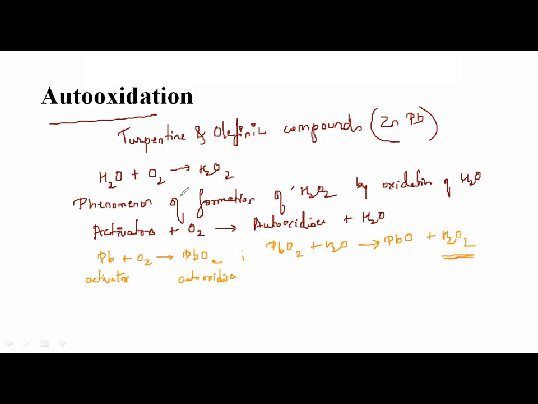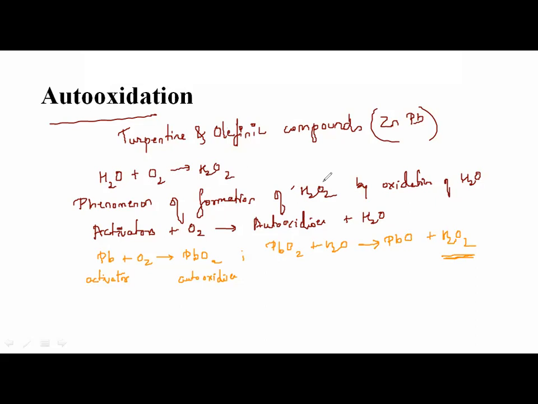So these compounds react with oxygen in air in the presence of water and form hydrogen peroxide. This reaction is called auto-oxidation.